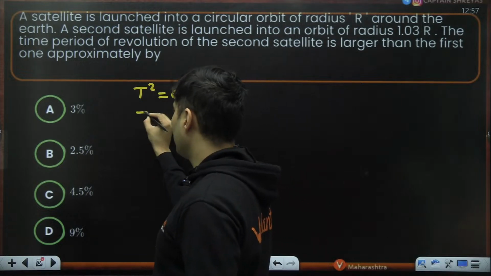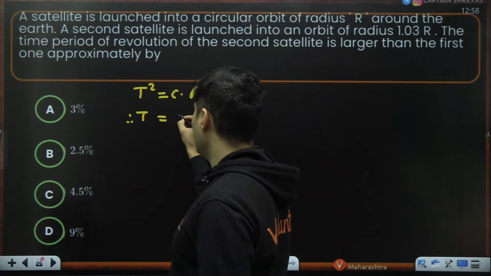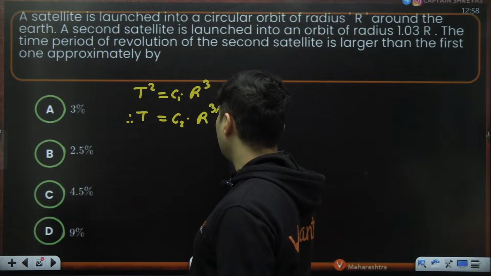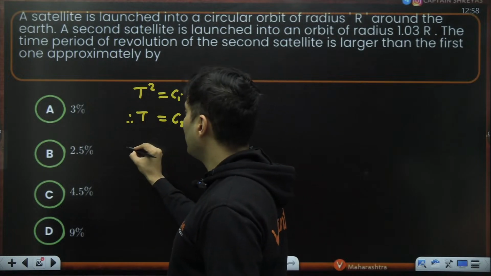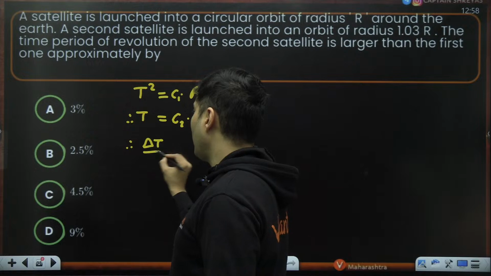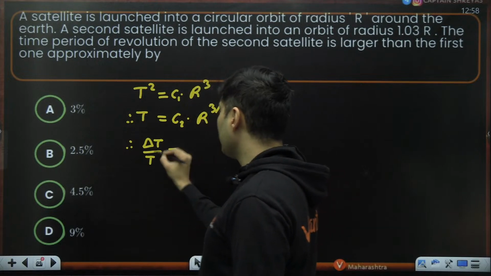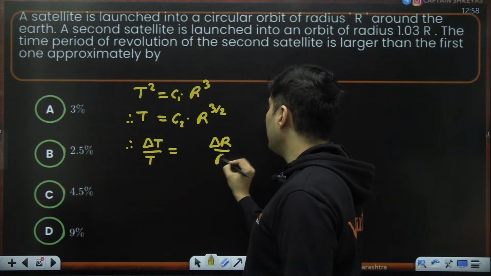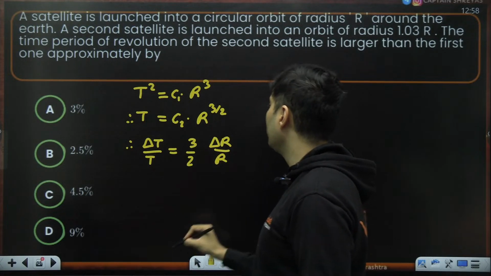So therefore T will be some new constant, if this is old constant, this is new constant, R raised to 3/2. So by the logic of errors, ΔT/T relative error, constant never matters. It will be relative error in the radius and the power will just come outside.